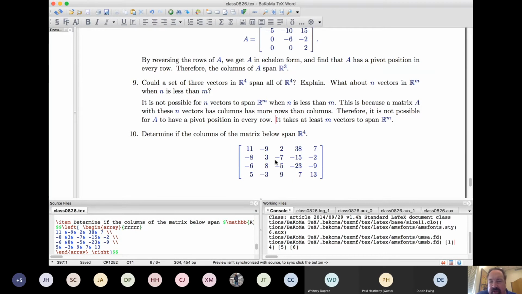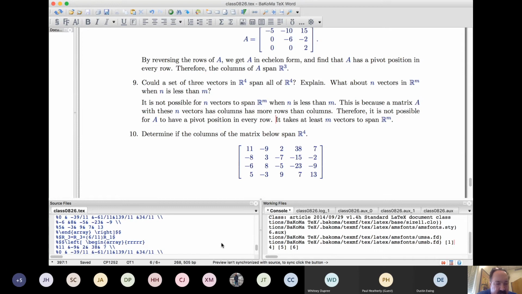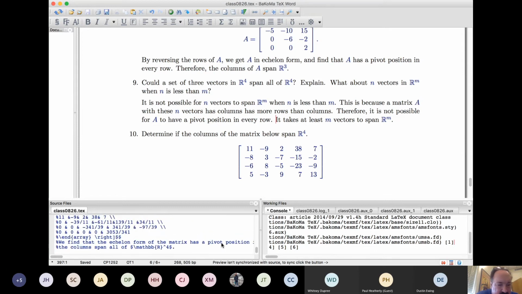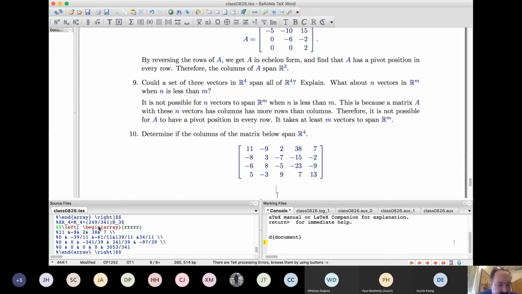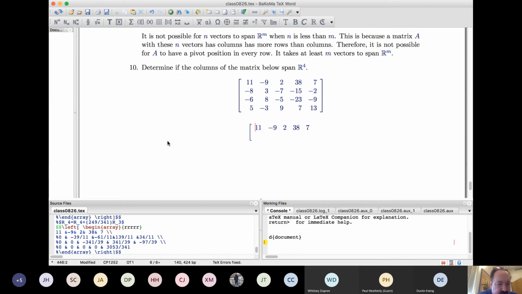This last one is an example of having an excess number of vectors. I'm in R4, but I have 5 vectors. So you might think there's a pretty good chance that it will span. If you carry out row operations, since we've been doing quite a bit of that, I'm going to jump to the punchline and show you the echelon form.